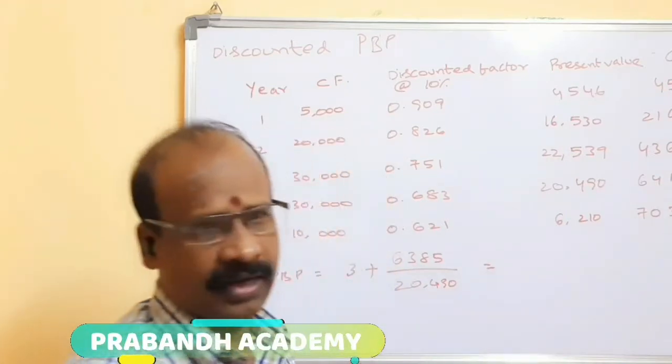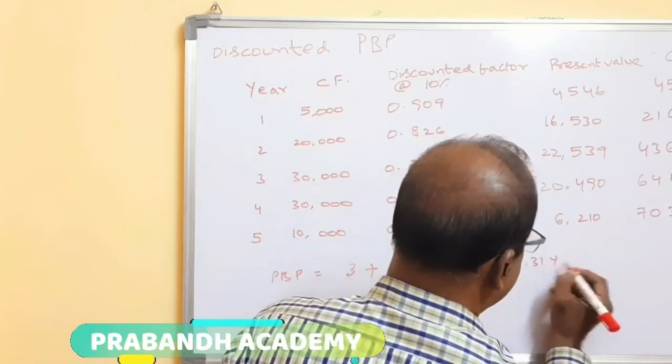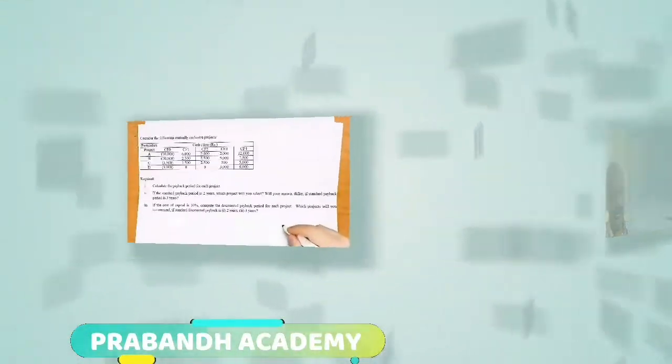If you simplify, we get 3.31 years. So this is the calculation of discounted payback period.